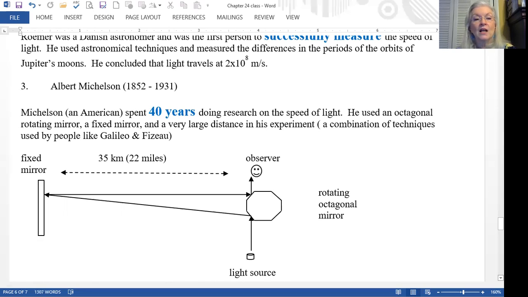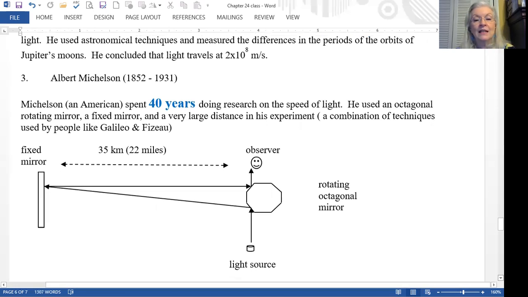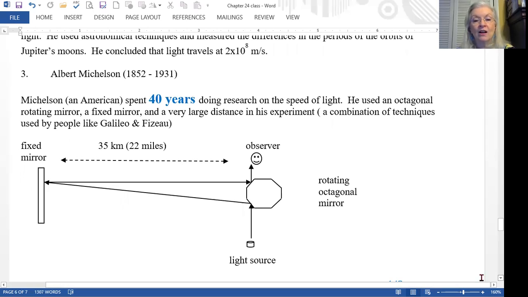So Michelson refined Fizeau's technique and Galileo's technique to come up with something that worked fairly well. Michelson used an 8-sided, octagonal mirror that would rotate. He had a light source. The light would hit one face of the mirror, bounce off, and hit a fixed mirror 22 miles away, bounce back and hit another of those flat faces on the mirror, and an observer would be able to say, aha, I see the light.